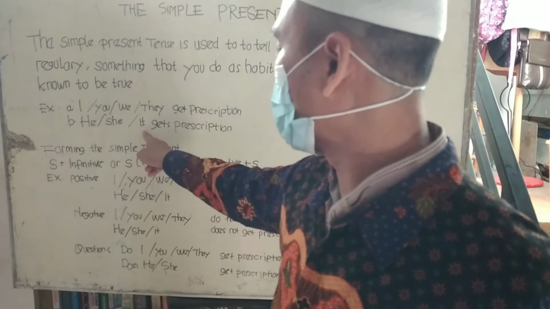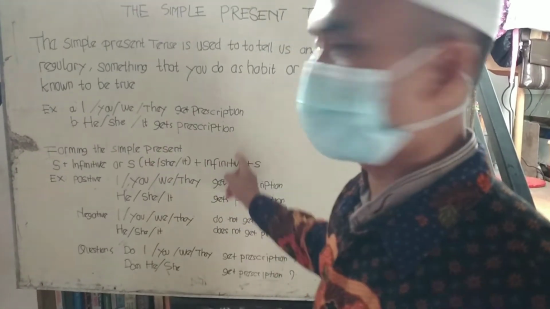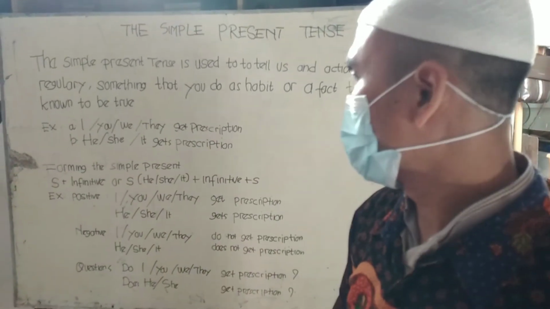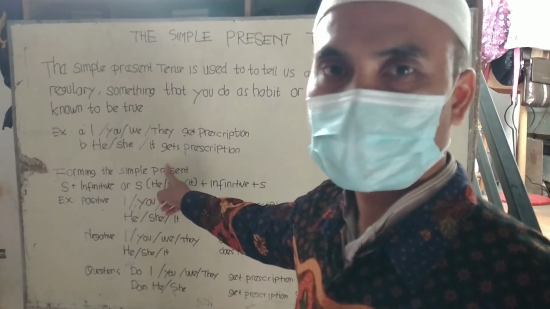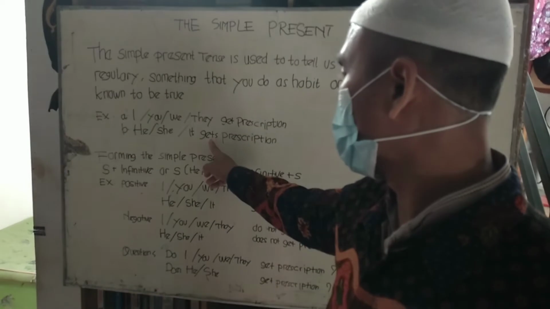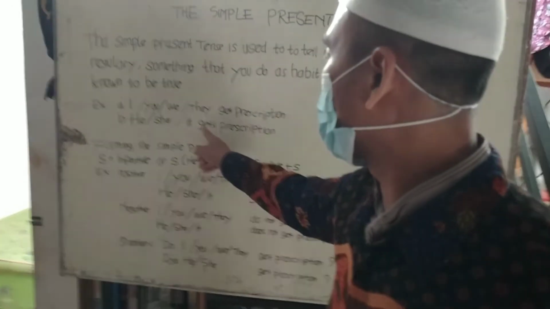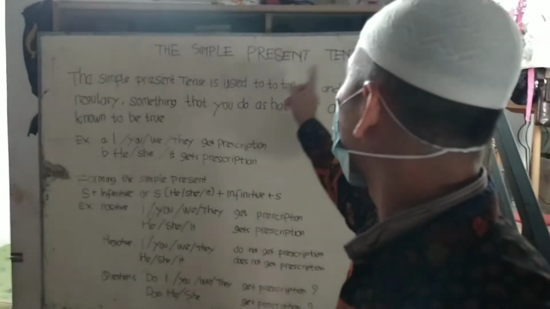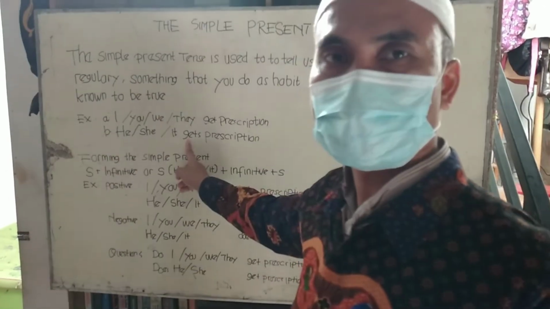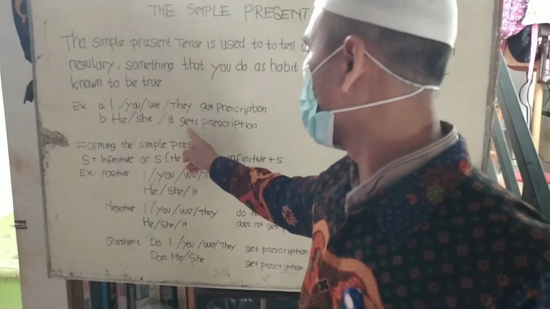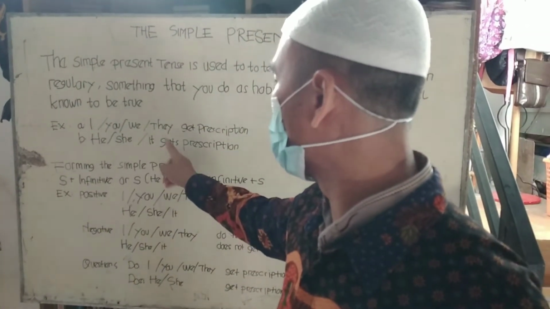If the subject is it, it gets prescription. And again, you cannot use verb 2 or verb 3 if you want to make the sentence in the simple present tense form. So it must be the base form, or the first verb.